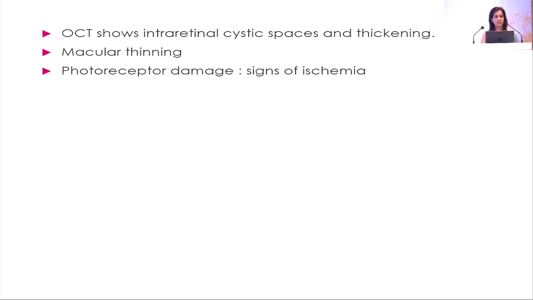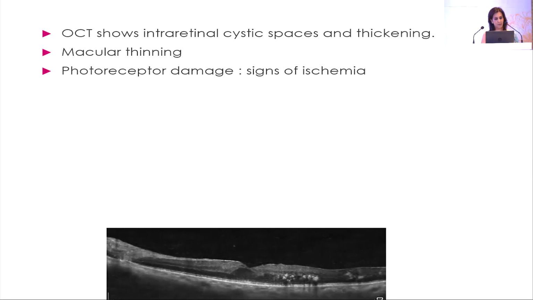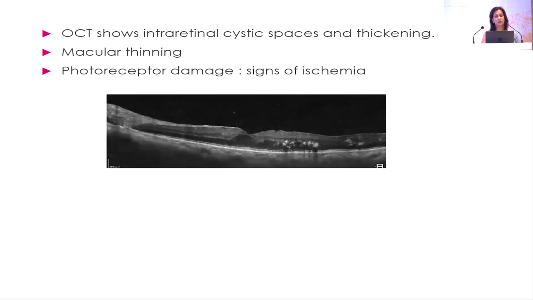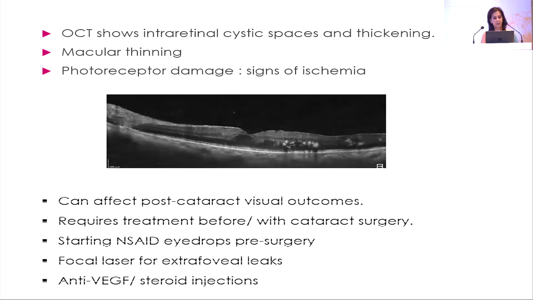If the OCT is normal, well and good, you can go ahead with the surgery. But in case it's not normal, it might show a DME or macular thinning. Either way, you have to prognosticate the patient. It may just show signs of photoreceptor damage, as a sign of ischemia. If you see macular edema and hard exudates on the OCT, don't just rush into cataract surgery, because this is what is going to modify your plan of action.